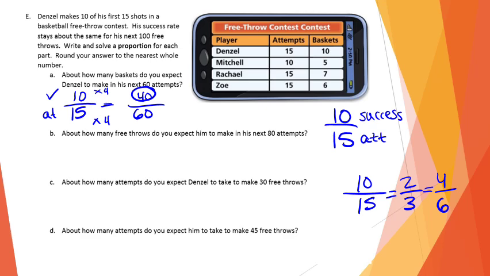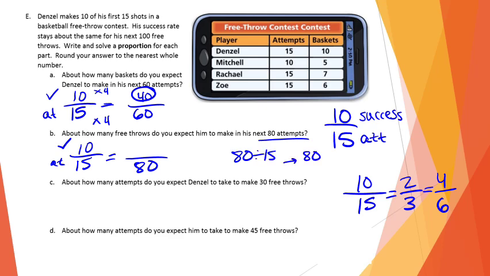How many free throws do we expect him to make in 80 attempts? Well, 10/15 equals what out of 80? Again, these are the ones he's making. These are his attempts. And I'm looking for a scale factor. And again, if I do 80 divided by 15, I can find that exact scale factor, which comes out to 5 1/3.